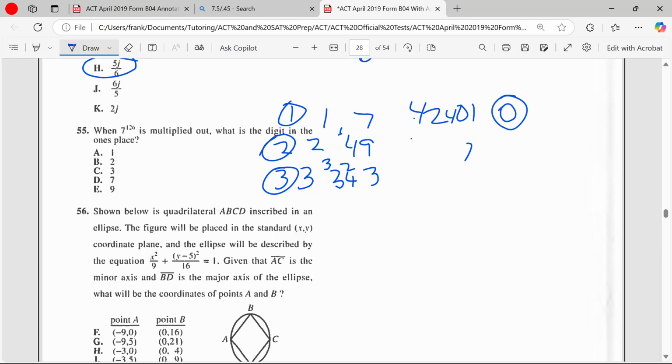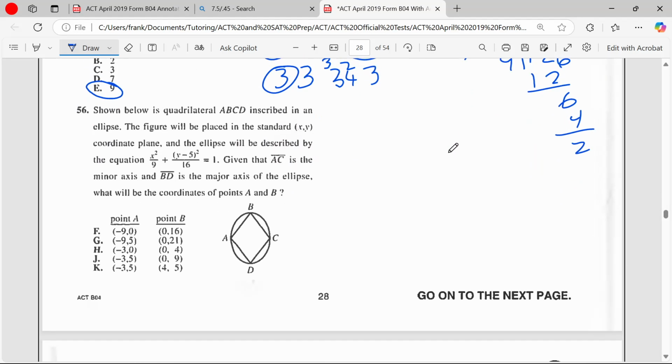So 126 divided by 4: 4 goes into 12 three times, and then I carry down the 6, 4 goes into 6 once, and I can't do any more, so the remainder is 2. The remainder is 2, so it ends in a 9.